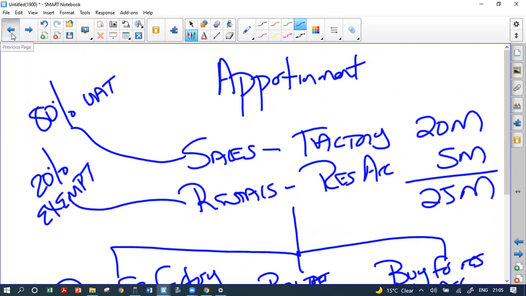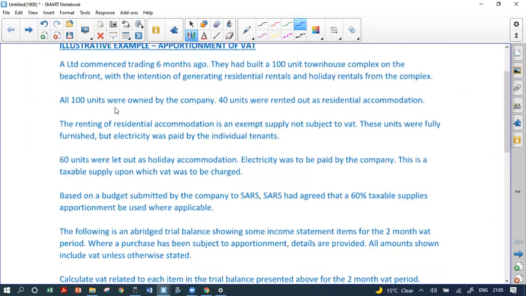So let's have a look at this example. It says A Limited commenced trading 6 months ago. They built a 100-unit townhouse complex on the beachfront with the intention of generating residential rentals and holiday rentals. Residential, exempt. Holiday, VAT. All 100 units were owned by the company. 40 units were rented out as residential accommodation.